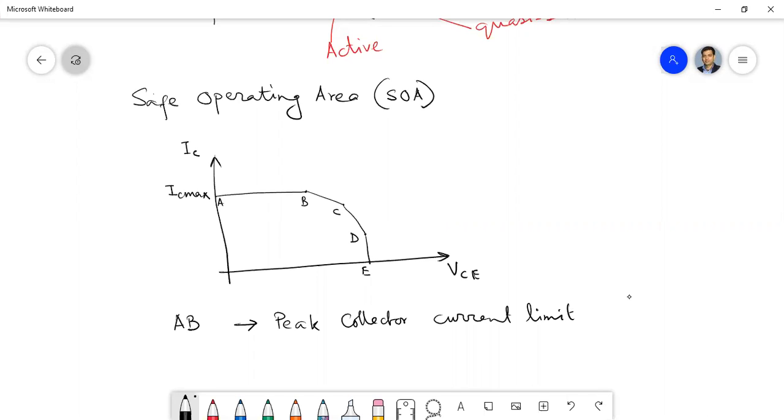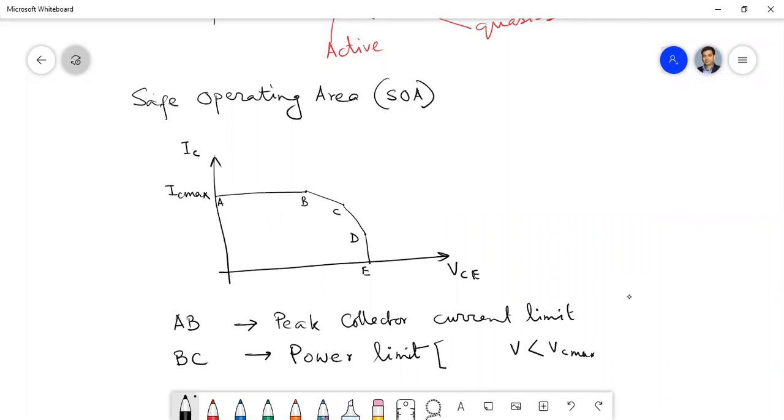Okay, next line is BC, which is called the power limit. Here we have to see two things. The V is less than VC max, because here we have two things, one is the VC and another is IC.